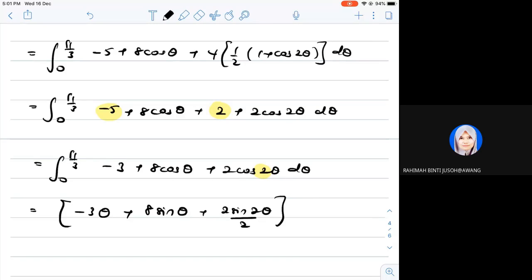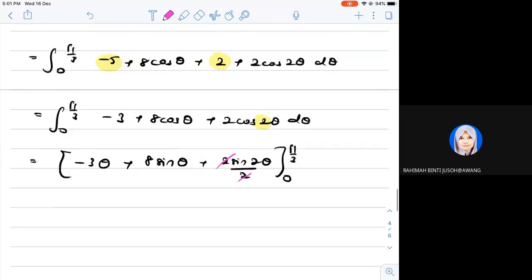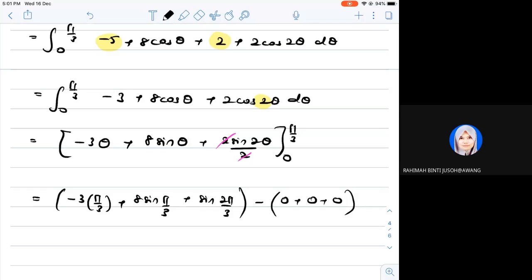So substitute 0 and pi over 3. Now we can cancel this. So we will have negative 3 times pi over 3 plus 8 sine pi over 3 plus sine 2 pi over 3 minus 0 plus 0 plus 0, of course.